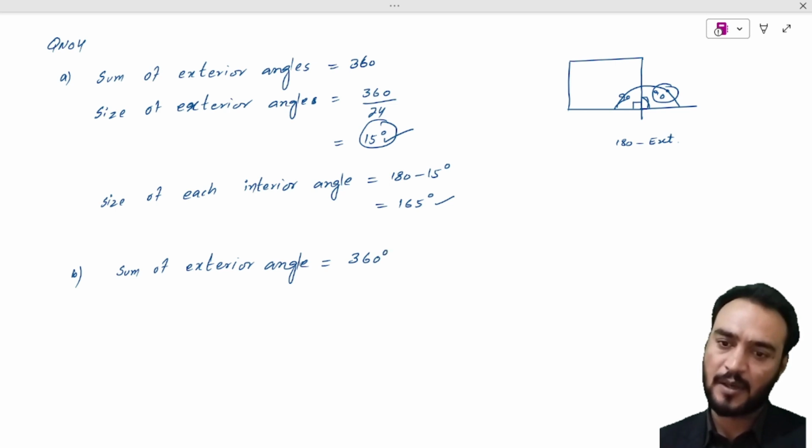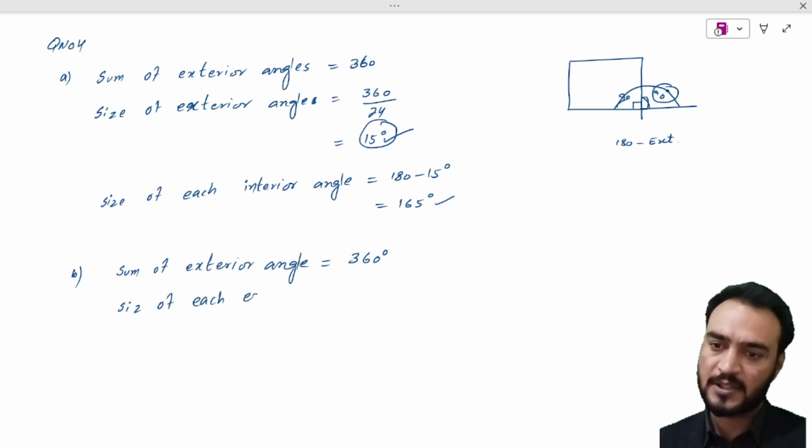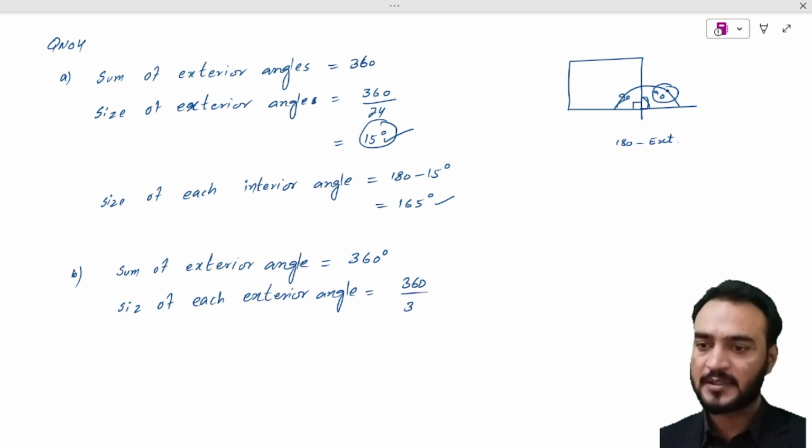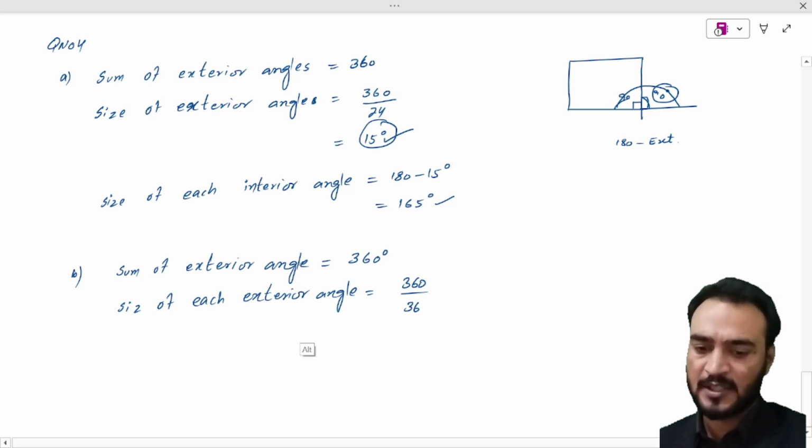Now the size of each exterior angle is 360 degrees divided by 36, because the polygon has 36 sides.